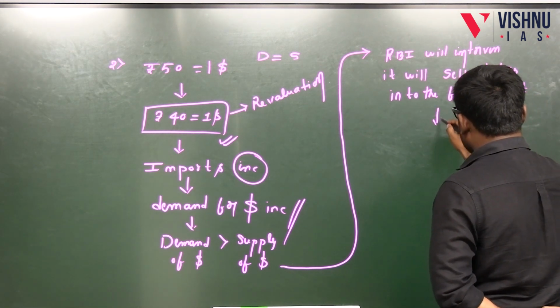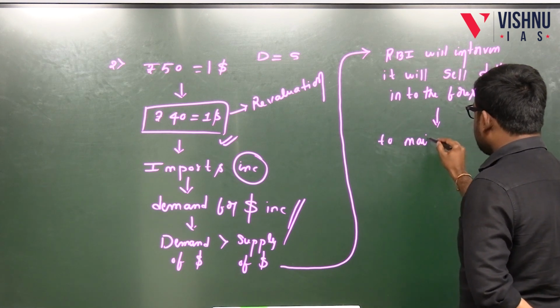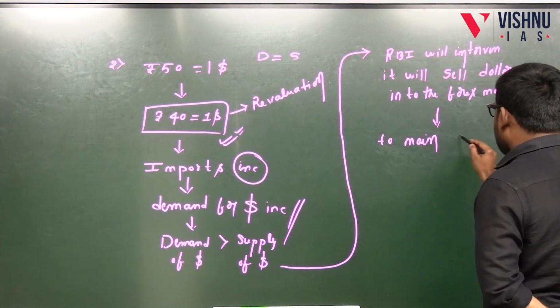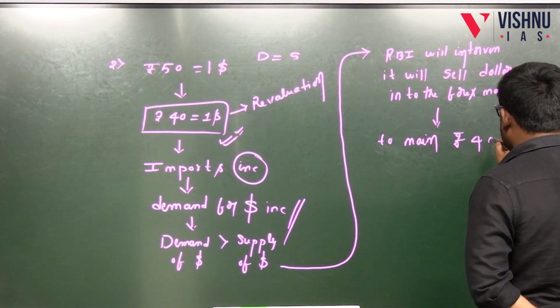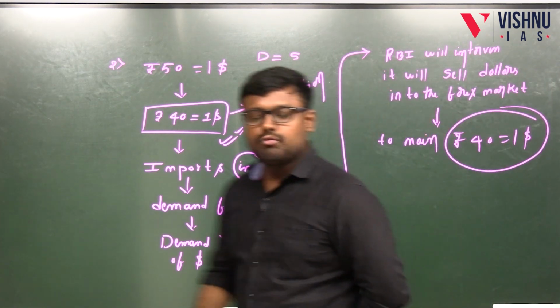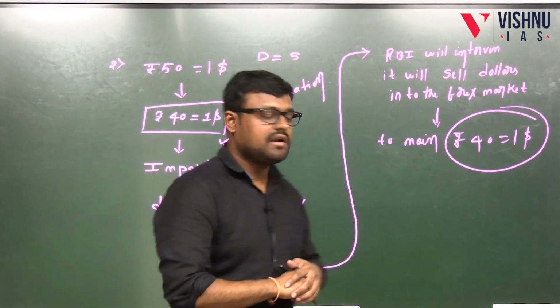Why will RBI do this? This is actually to maintain the exchange rate it intended, to maintain rupees 40 equal to $1. That's why RBI will do this. Is this point clear?